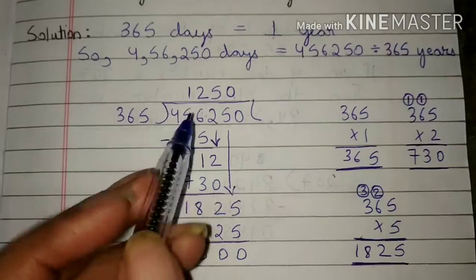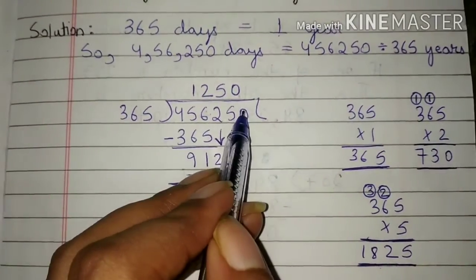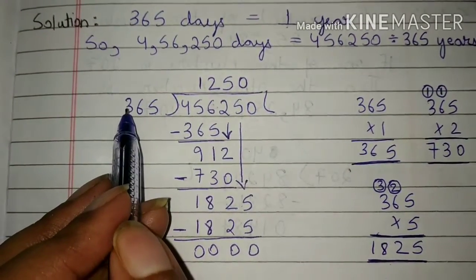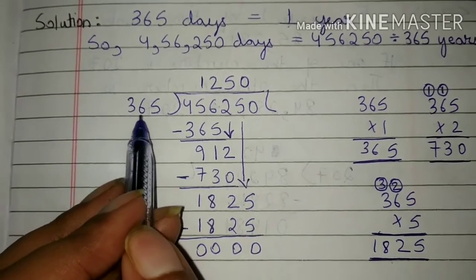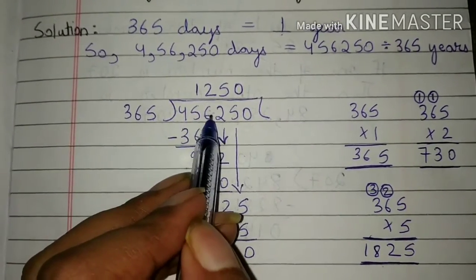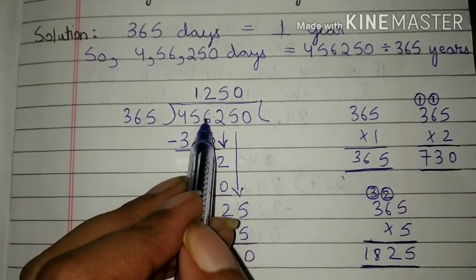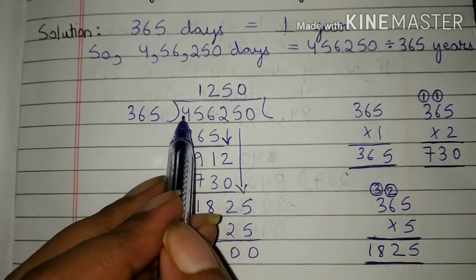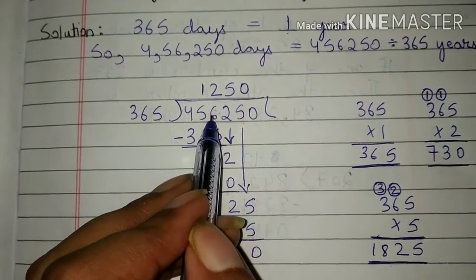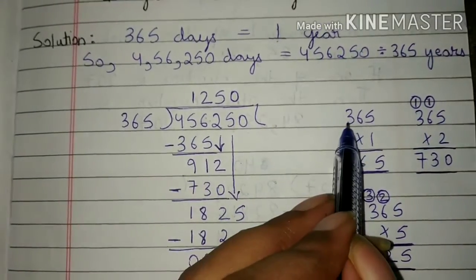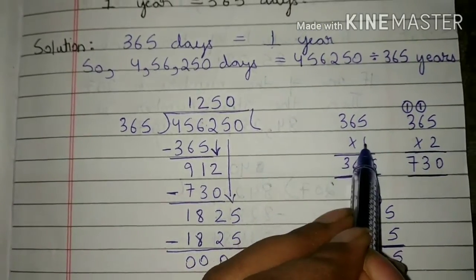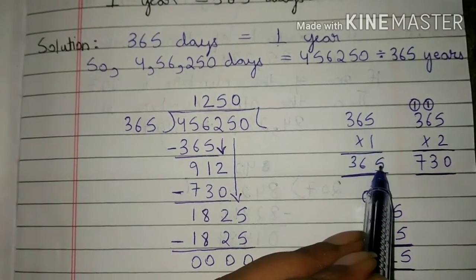Students, here we are dividing the number by 3 digit, that is 365. So here also we will consider 3 digit, that is 456. So now number become 456. Students, 365 into 1 is 365.